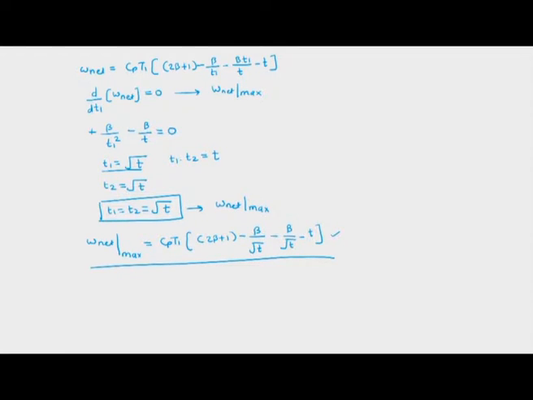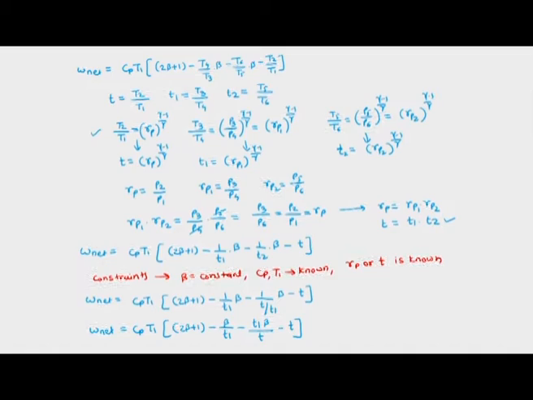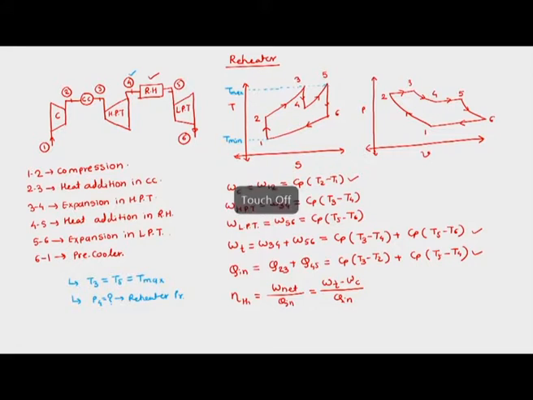We also saw that T1 is equal to T2 is equal to root T. We have to just remember what is T. T is the pressure ratio for the compressor.